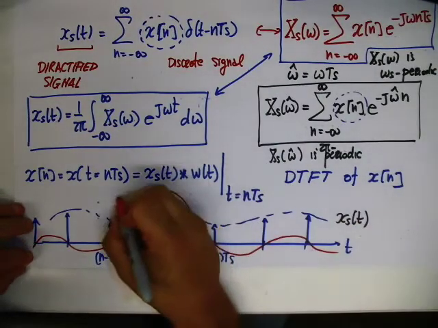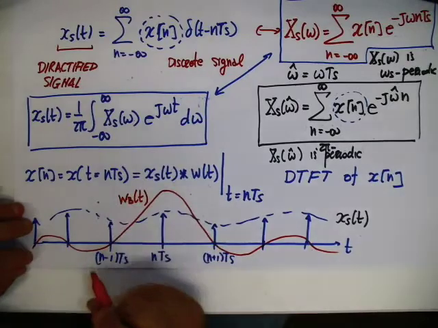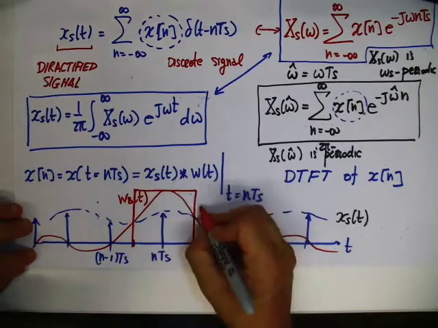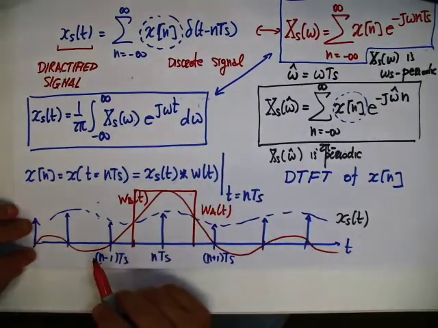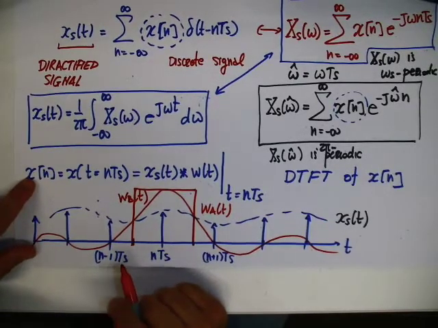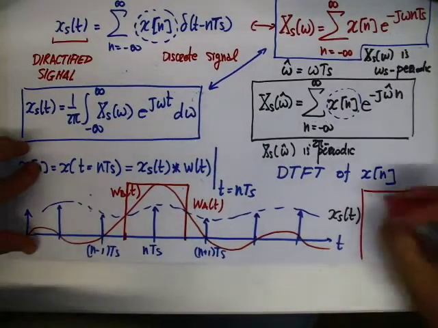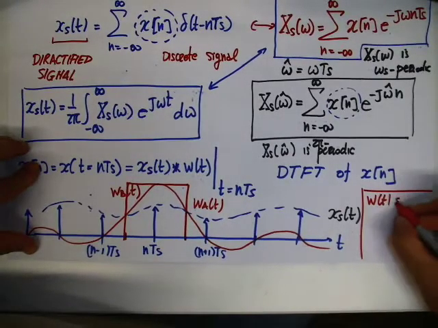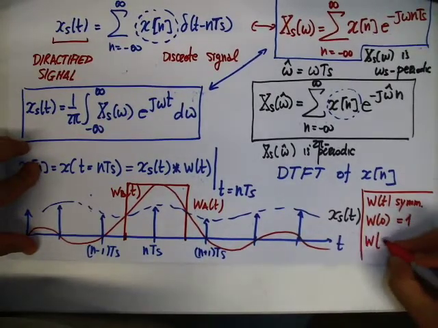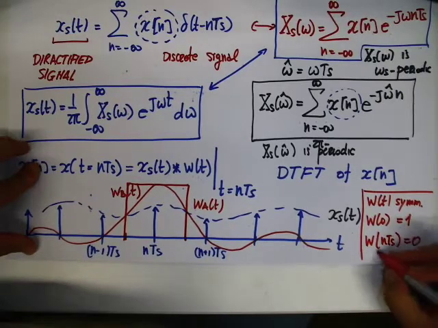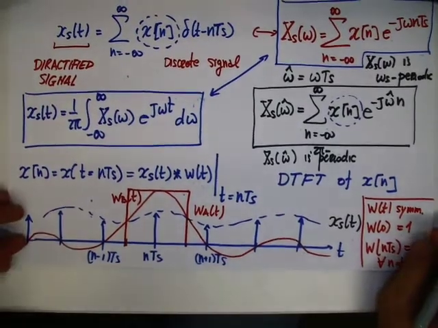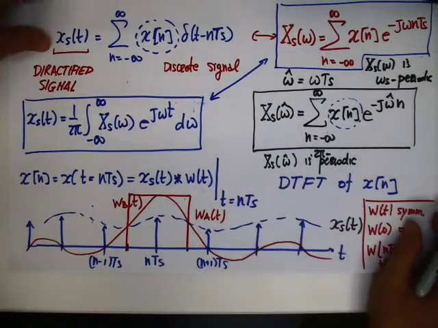This is, let's call it w sub b, the sinc function. Or I can choose the box function. This is w a of t. And I will still be able to recover the original discrete signal, okay? So as long as W of t is symmetric, W at 0 is equal to 1, and W at nTs is equal to 0 for any n different than 0, okay?